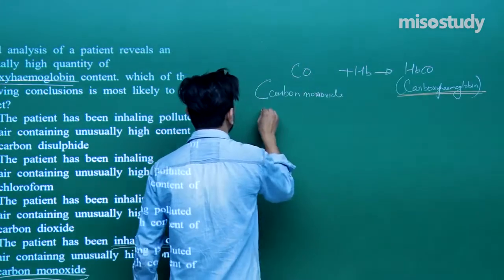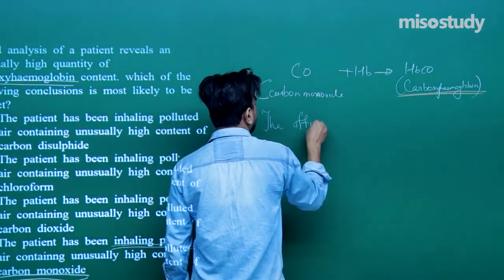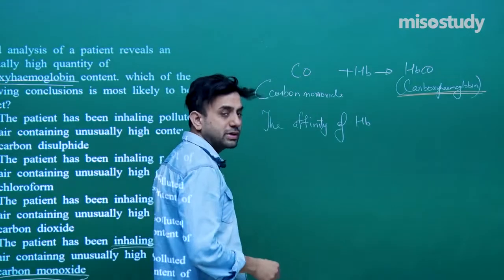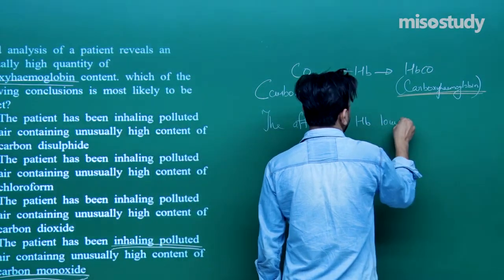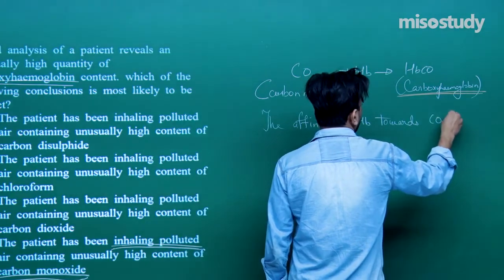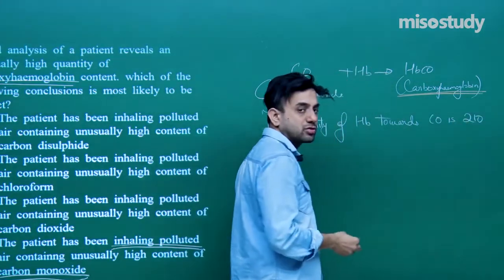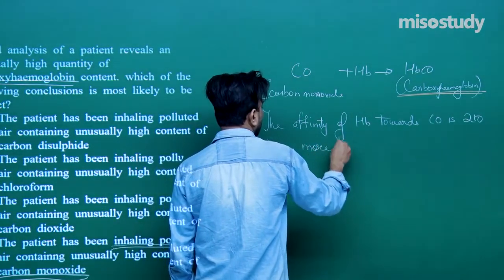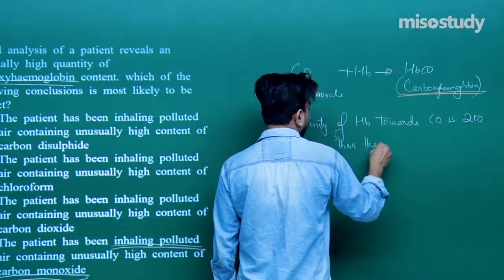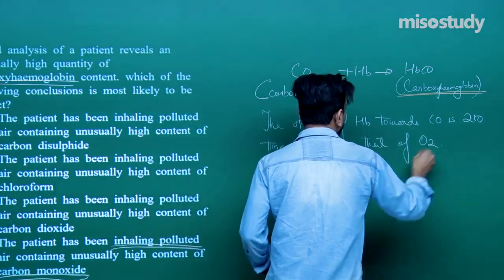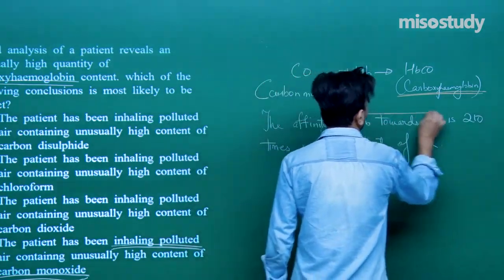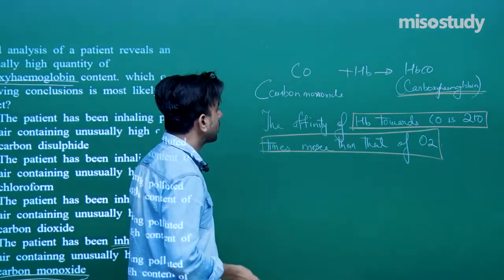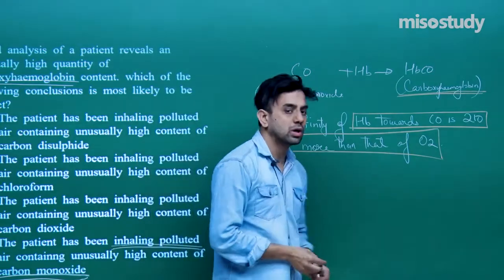The affinity of hemoglobin towards carbon monoxide, towards CO, is 210 times more than that of oxygen.